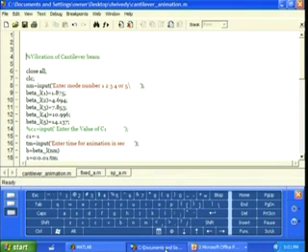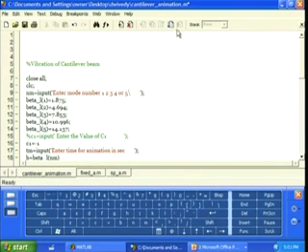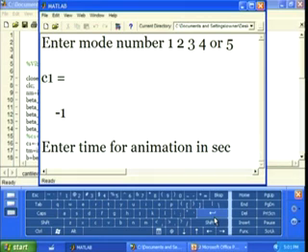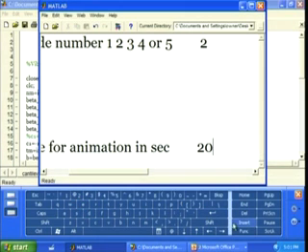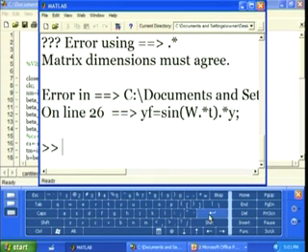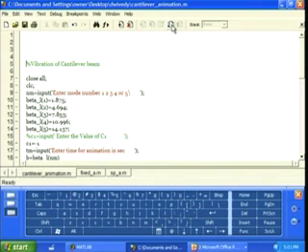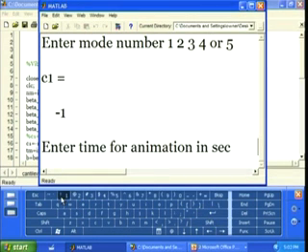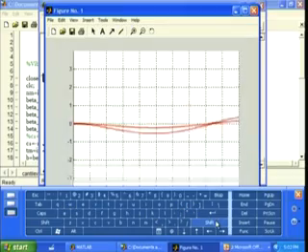Similarly for the second mode, let us find for the second mode of the beam.